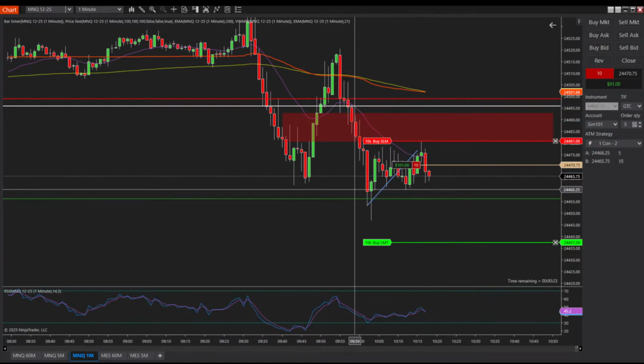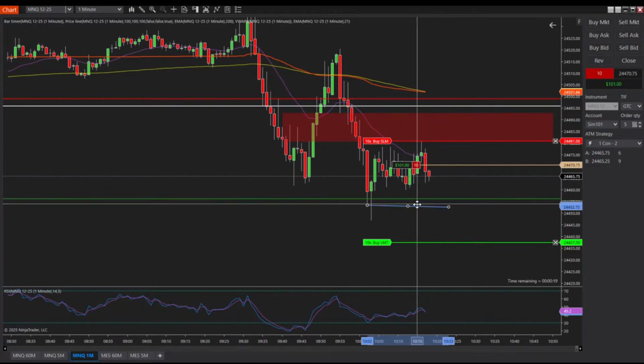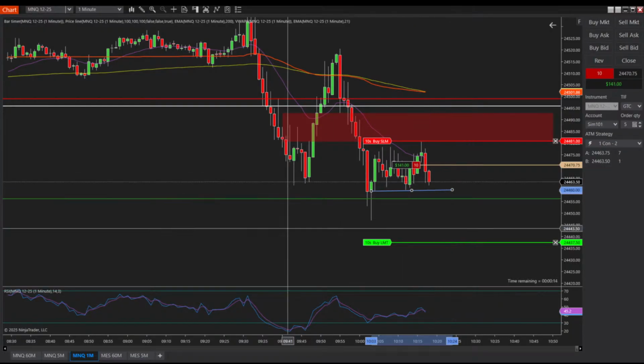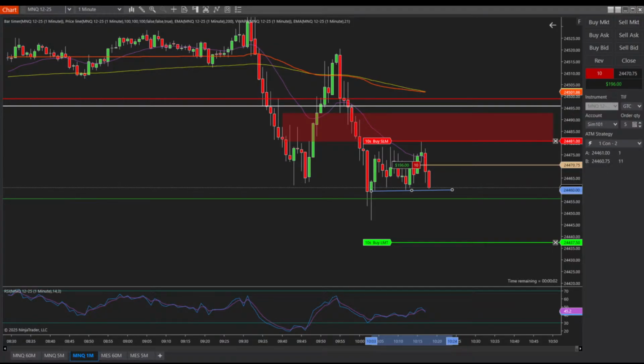Okay, now we want to see price break below this support right here. Come on, strong push. Let's go.